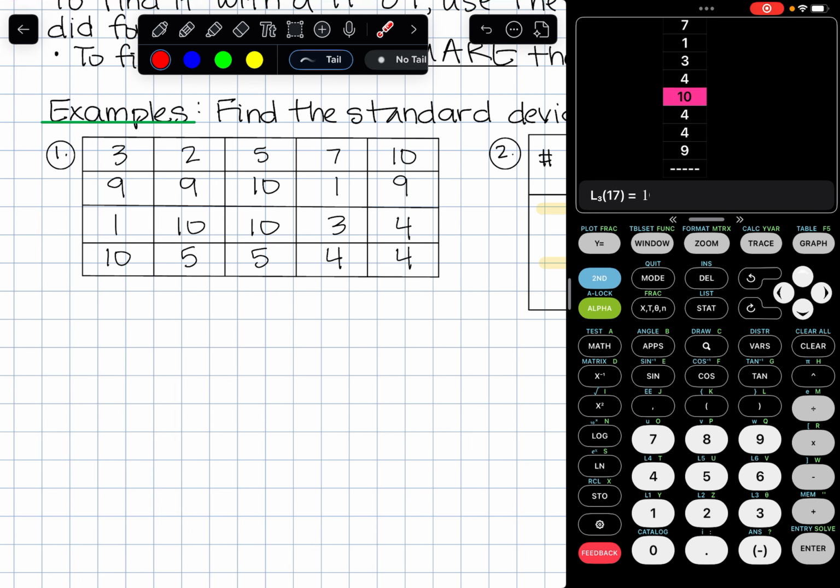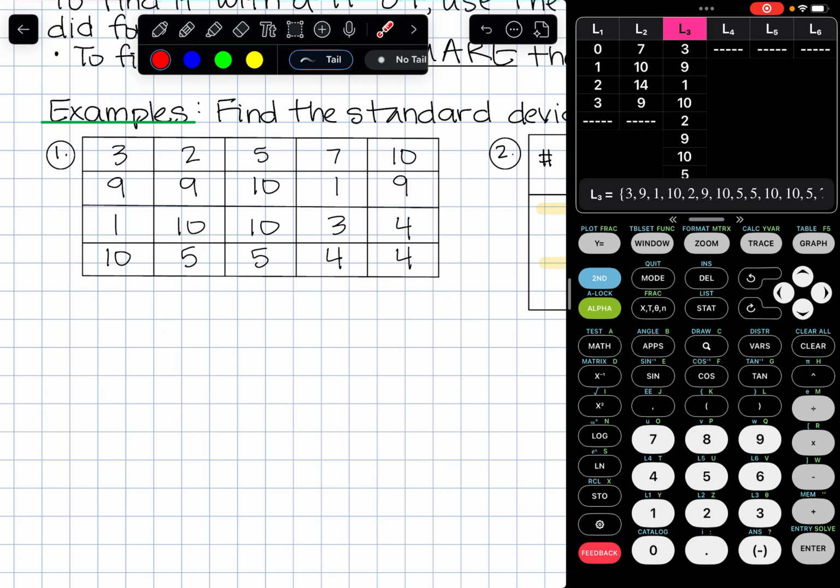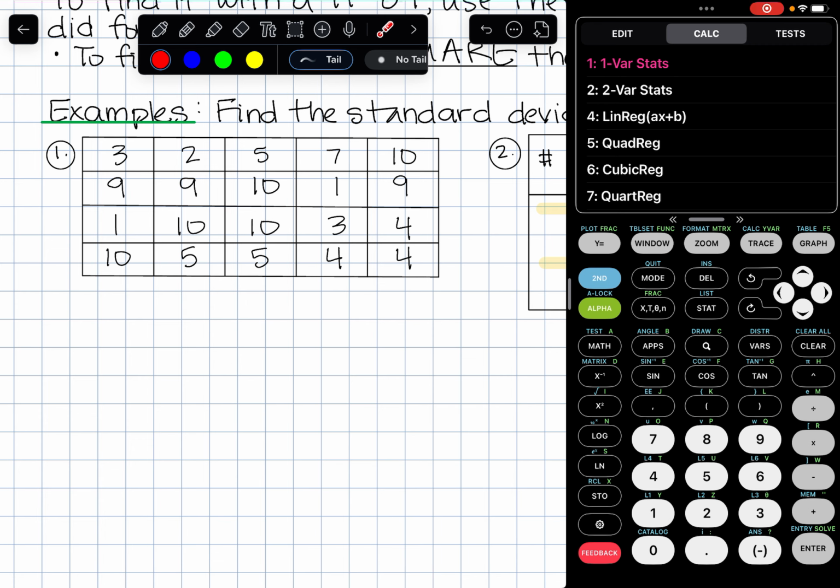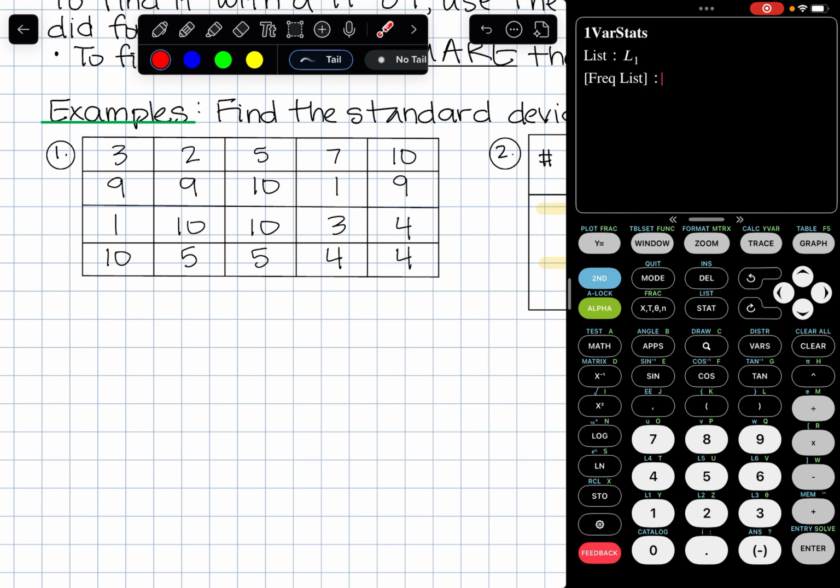All right, so the data that I'm interested in, if I go back to the top, is in list 3, L3. So when I go to do stat 1-Var Stats, I need to tell it that my data is no longer in list 1. It's in list 3. Second 3, because it was raw data, frequency list should be blank, and I'm going to run that command.